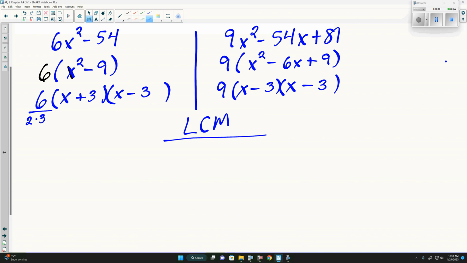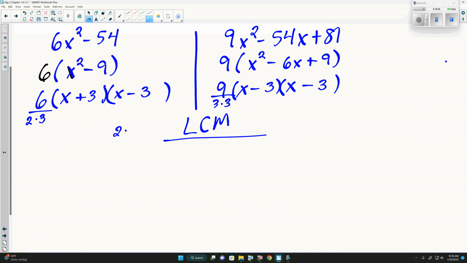That's as small as we can get it, yes? 9 is what? 3 times 3 or 3 squared, yes? So if we look at 6, 6 has how many 2's? 1. 9 has how many 2's? So we'll need how many 2's? 1. And we can do this on a calculator here in a minute, and we can see how this works.